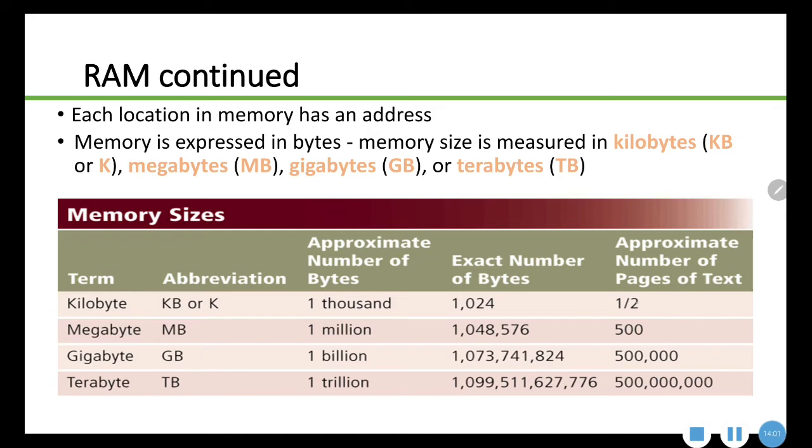This is the approximate number of pages of text. So 1 kilobyte is about half a page of text. Can you imagine, 1 terabyte is about 1 trillion bytes? So this is about 500 million pages of text. This is the exact number of bytes.